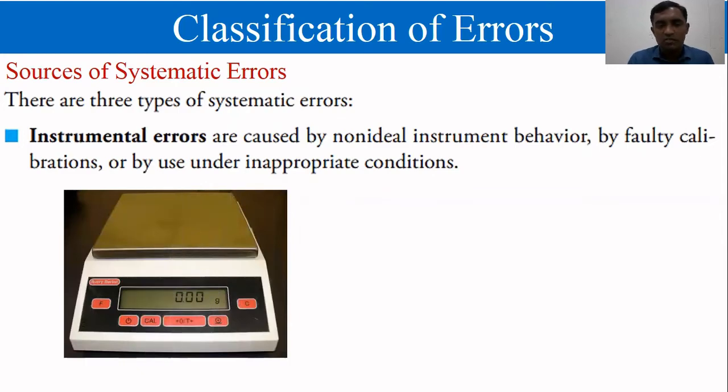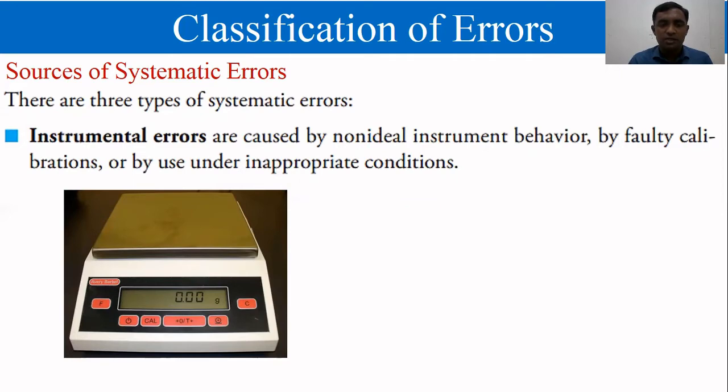Here you see a weighing balance, a normal digital balance that we use for weighing any chemical substance in the laboratory. If you use this instrument without calibration, then errors may come in.